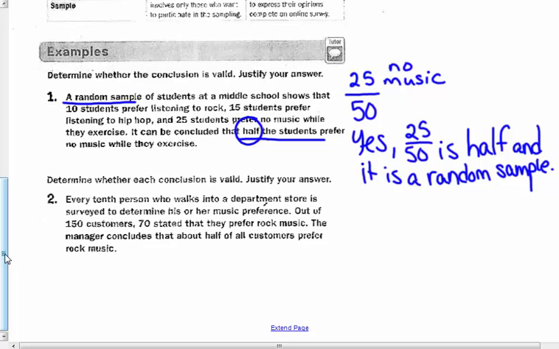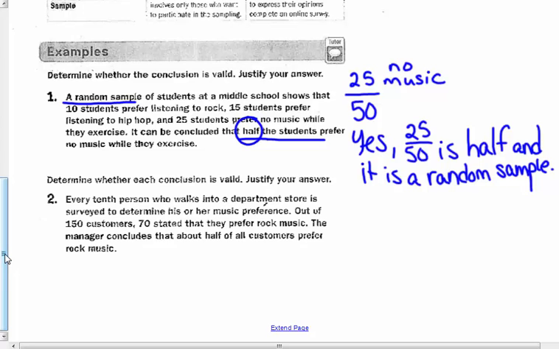Number 2, every 10th person who walks into a department store is surveyed to determine his or her music preference. Out of 150 customers, 70 stated that they prefer rock music. The manager concludes that about half of the customers prefer rock music.